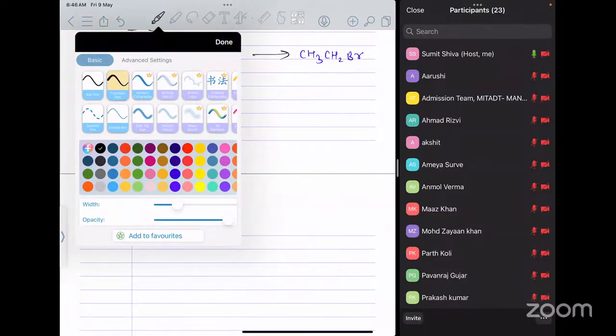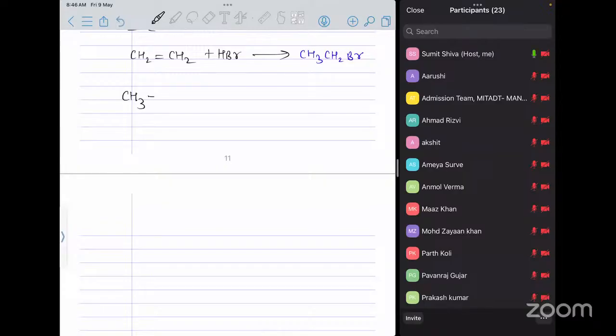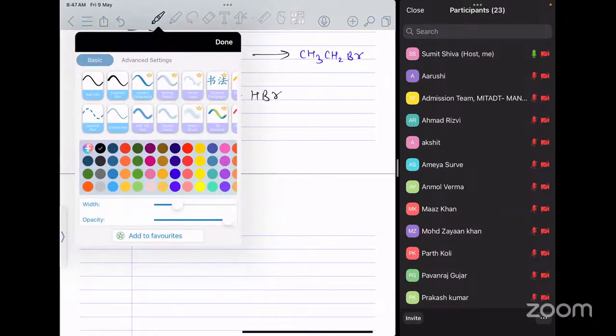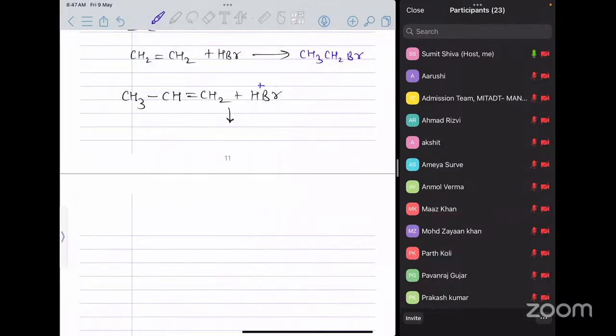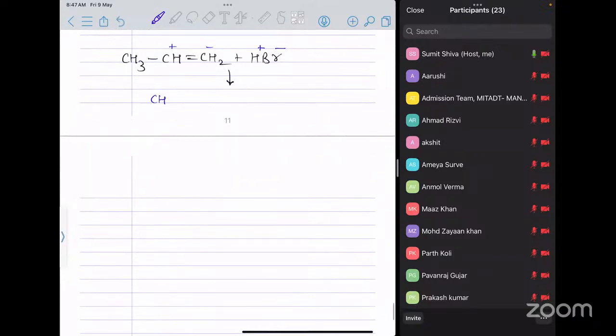But if the unsaturated hydrocarbon is CH3 CH double bond CH2 and it is treated with HBr, with no peroxide, the reaction will be according to Markovnikov rule. This will be positive, this will be negative, and the major product will be CH3 CHBr CH3 along with a minor product, CH3 CH2 CH2Br. This will be major and this is minor in this case.